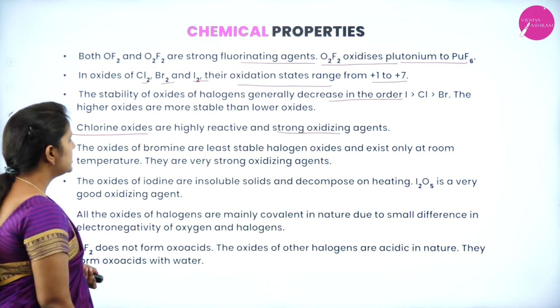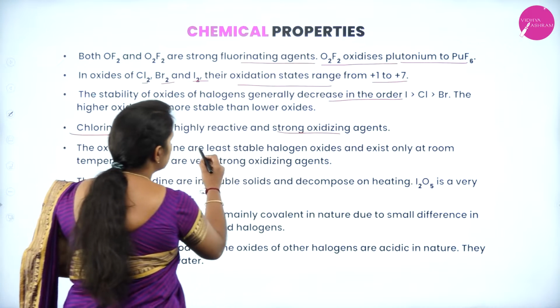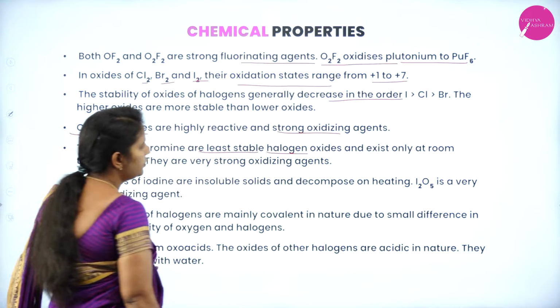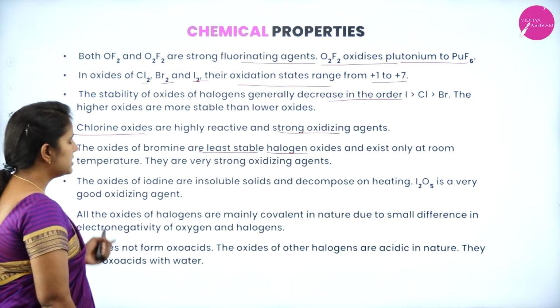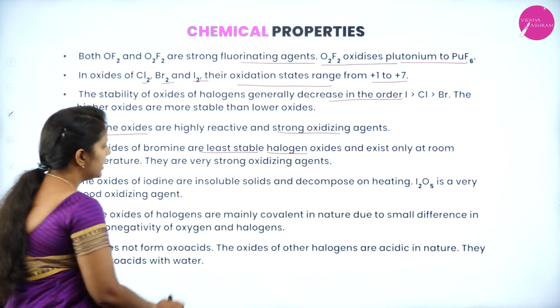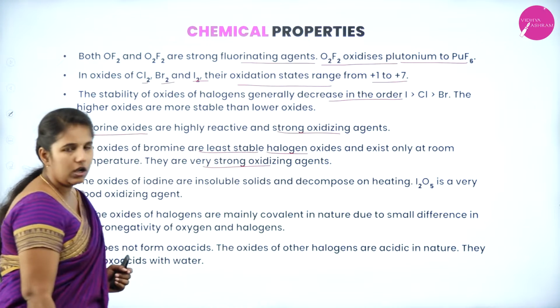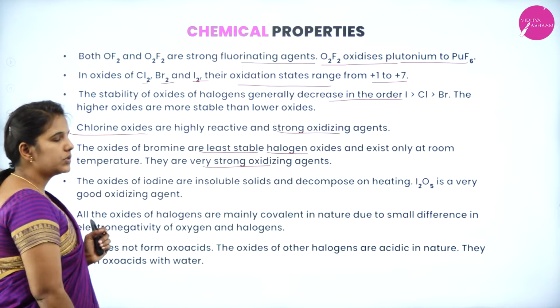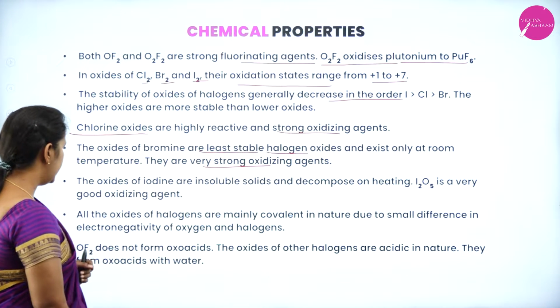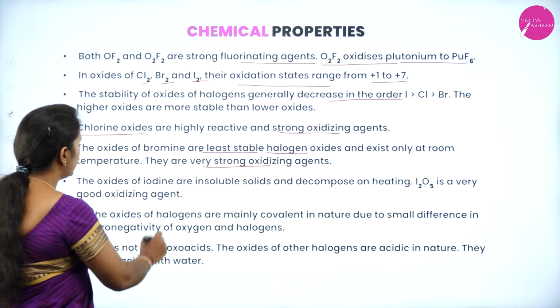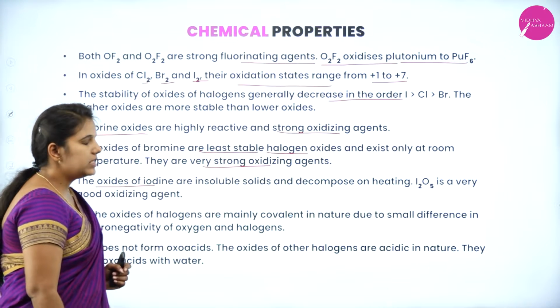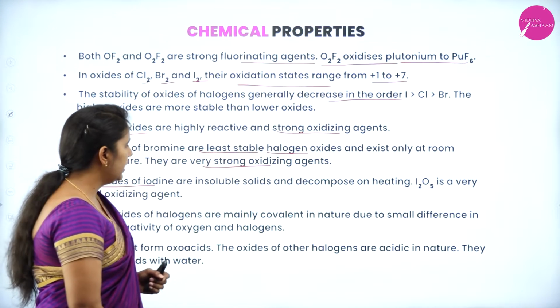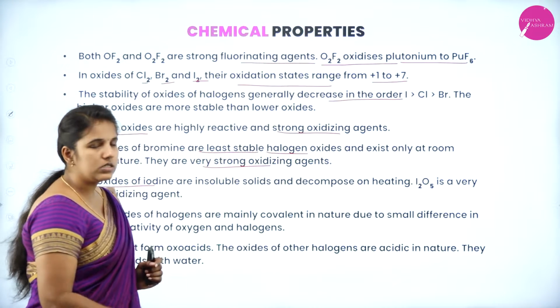And the oxides of the bromine are least stable, and the halogen oxides exist only at room temperature. Hence, this is also known as a strong oxidizing agent. Both chlorine as well as bromine are known as what? Strong oxidizing agents.